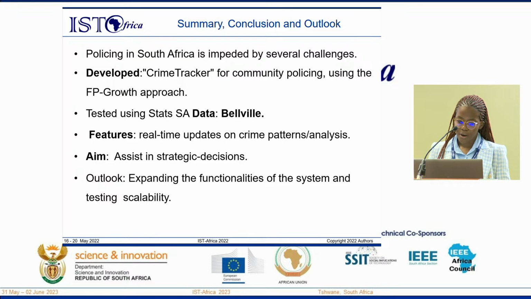The system will update the frequent patterns and the frequent pattern map in real time, and the aim is to assist in strategic decisions. For future improvements, we are currently busy expanding the system, adding more features, and polishing other functionalities. And thank you.